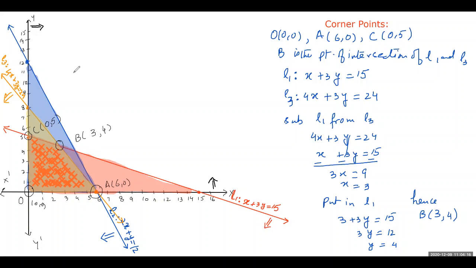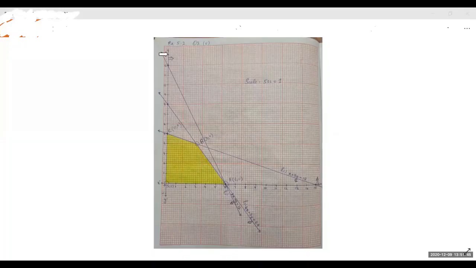Now I will show you the picture of the actual graph which I have made for this particular question. You can see the scale taken here is 5 small squares equal to 1.